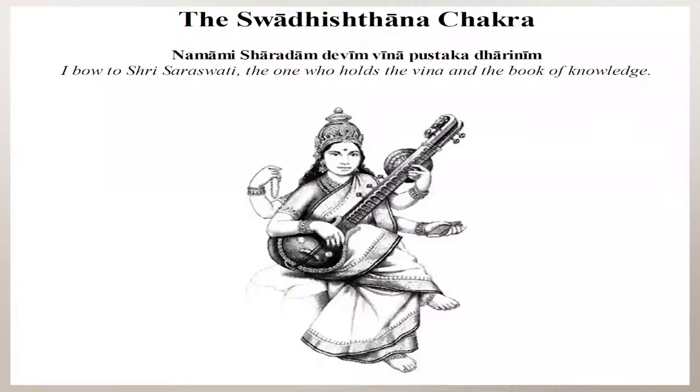We know that every energy center has a dominant deity who is protecting that energy center, manifesting in that energy center, and giving that energy center a lot of benefits and also the qualities that are there. The deity residing in this chakra is Goddess Saraswati.